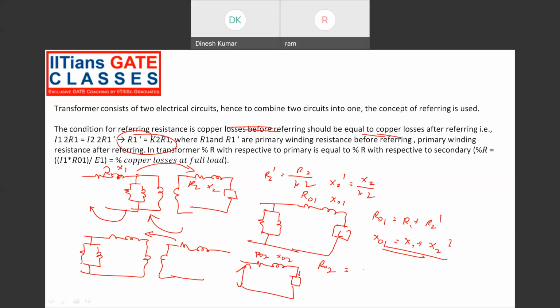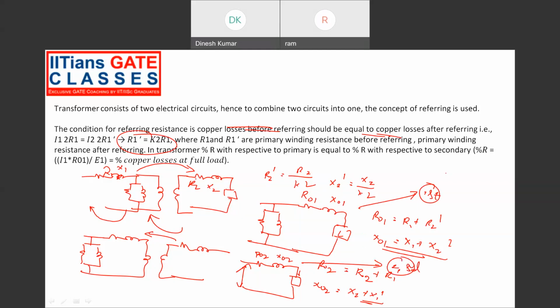So R02 equals R2 plus R1 dash, and X02 equals X2 plus X1 dash. So this is one approximate equivalent circuit; let's call it the first approximate equivalent circuit. This is called the second approximate equivalent circuit.